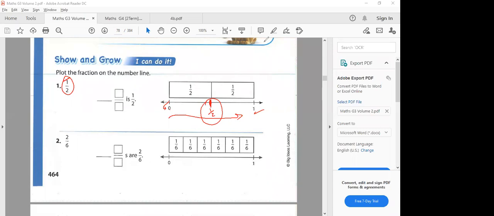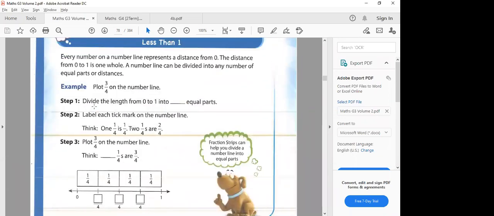So let us go back a little bit. He said, if you have to plot any fraction on the number line, just follow these 3 steps. First step, divide the length from 0 to 1, as we just did here.